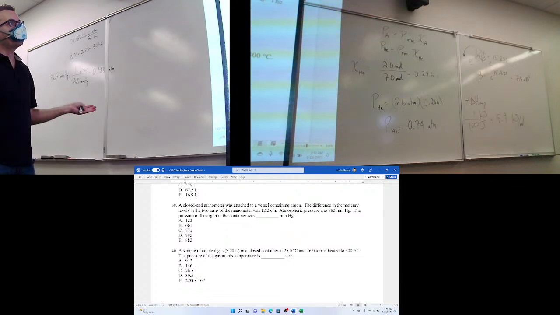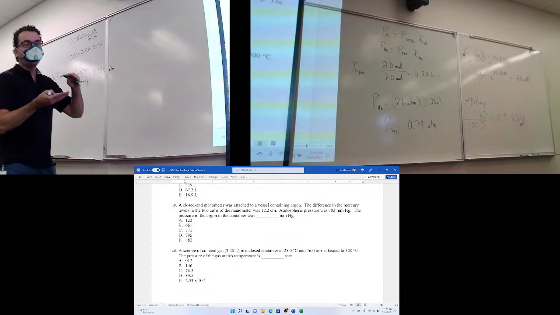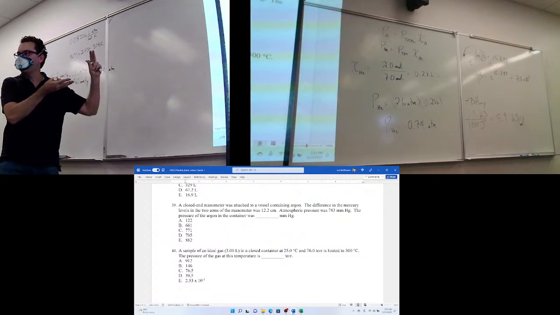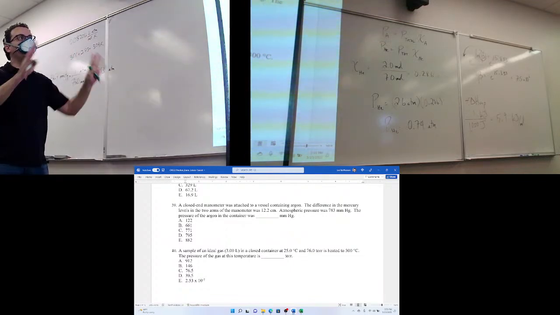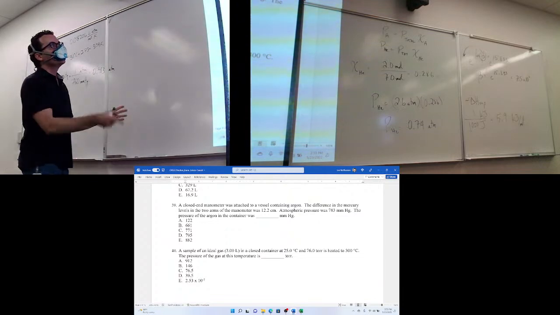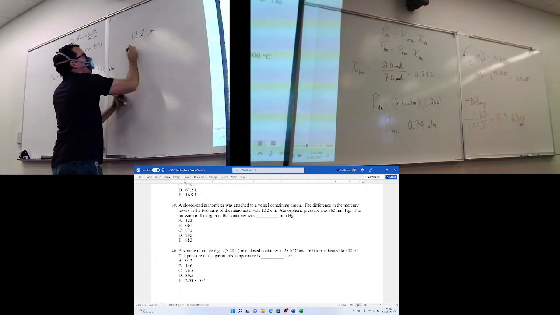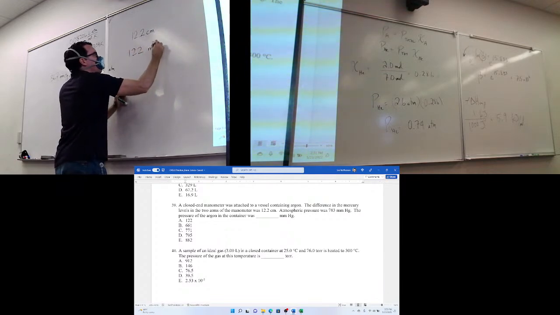The atmospheric pressure was 783. The pressure of the argon in the container was what? A closed-end manometer is not connected to the atmosphere. It's connected to a vacuum on the other side. So we can ignore the atmospheric pressure in this case. The fact that it was 12.2 centimeters means it was 122 millimeters.